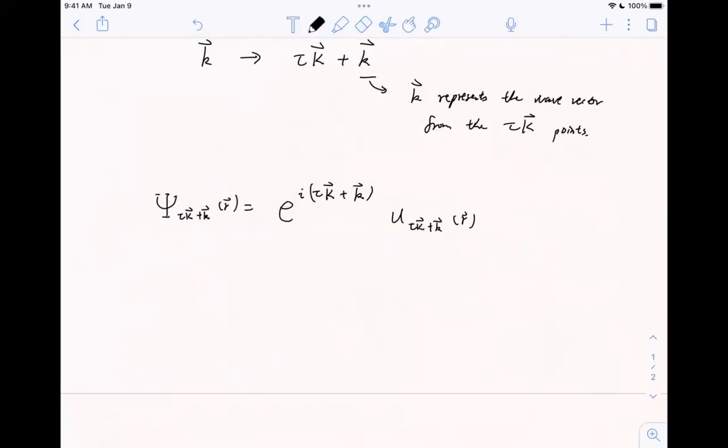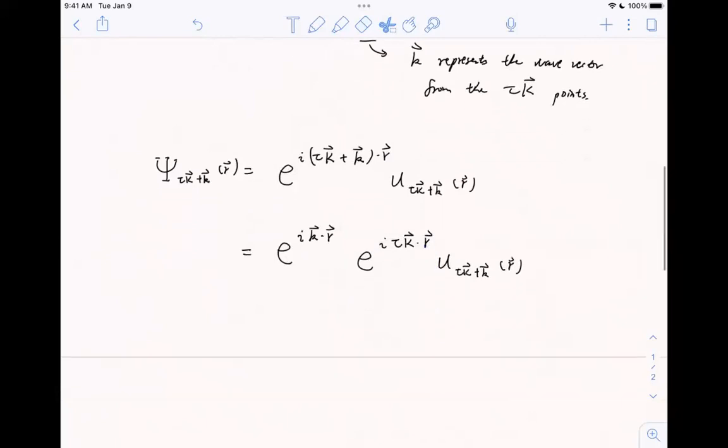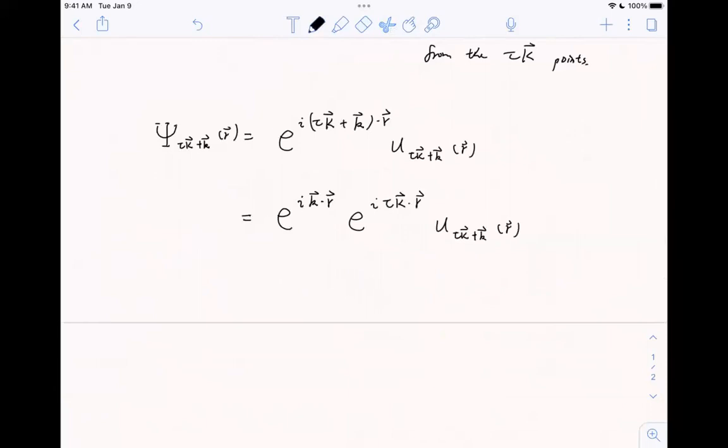Okay, so this is dot R. We're going to take this part out, and then copy this. Okay, so we're going to name this NK.